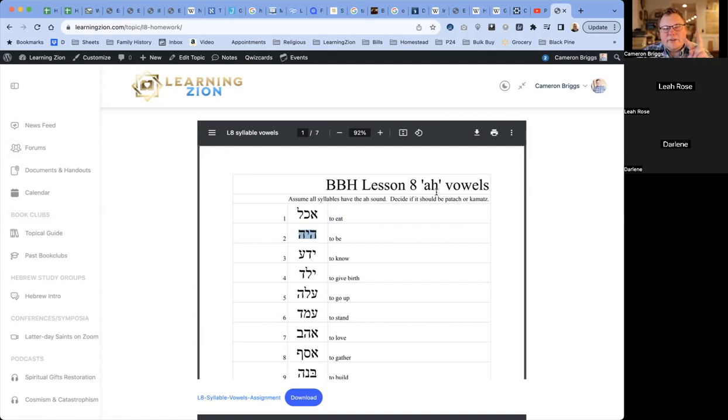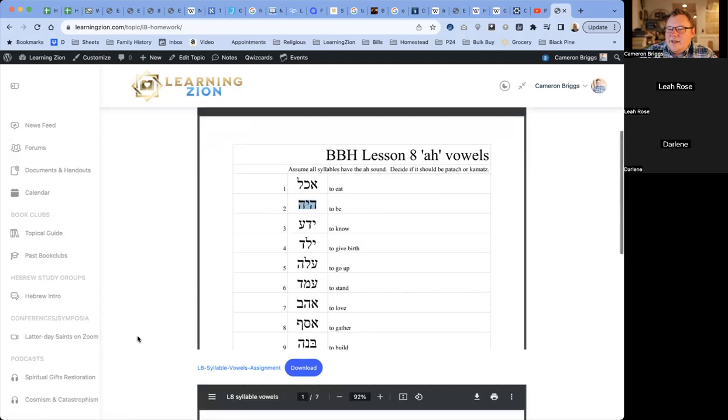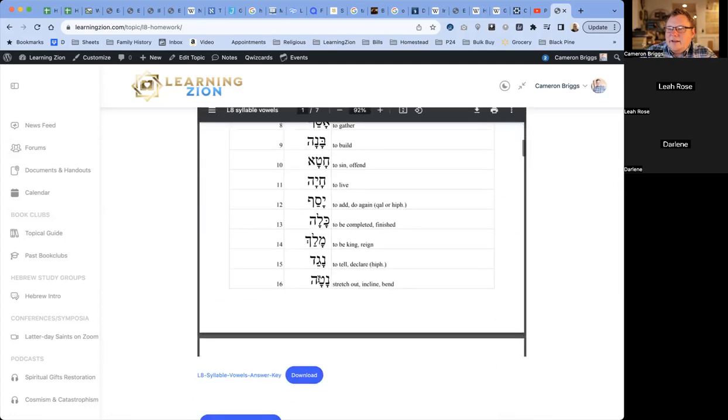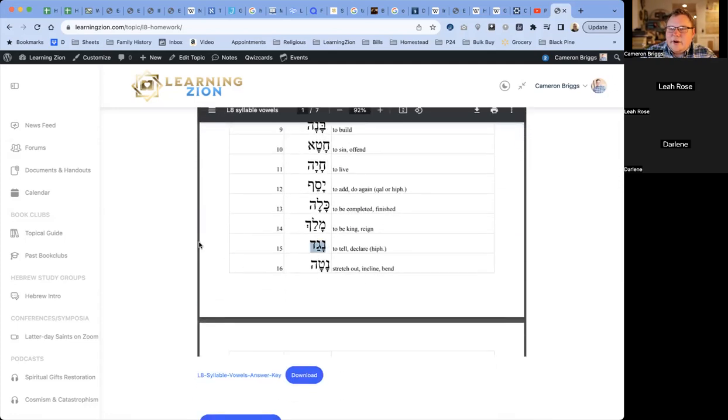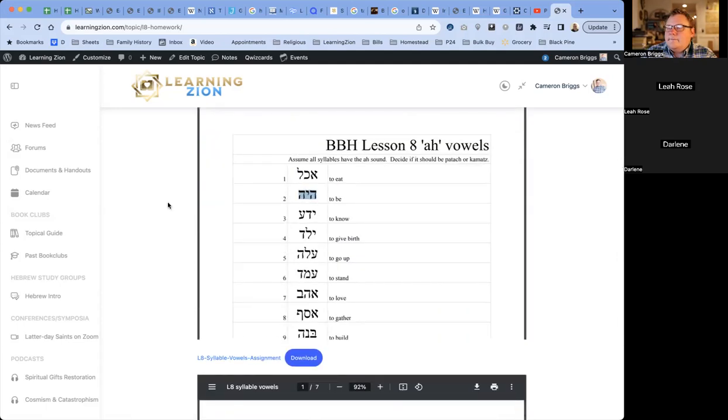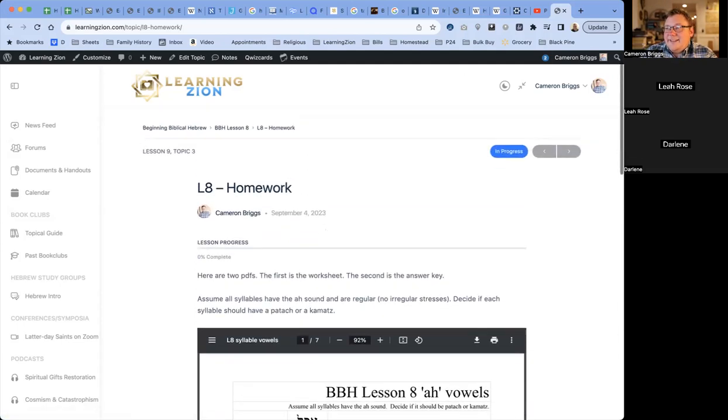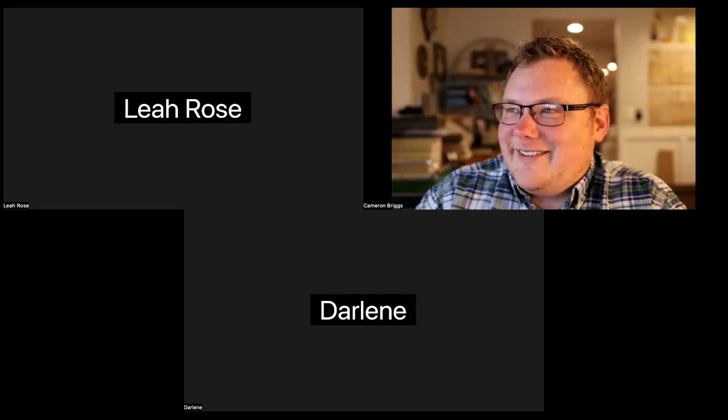I've only included words that have the double ah in it, so you don't have to worry about hiriks or holams or anything like that. You're just doing ah sounds. And once you do that, here's the answer key that gives what the proper structure would be. But that's the only worksheet I've got so far.